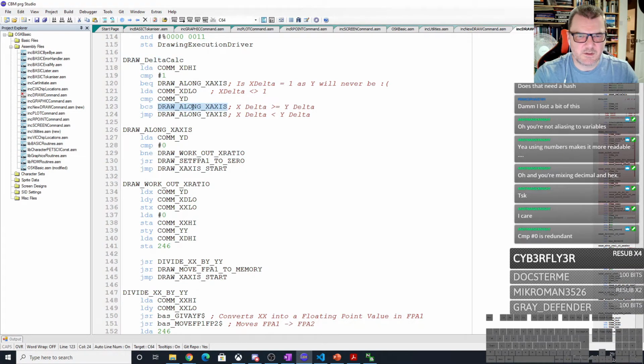Going to be drawing along the x-axis if the x delta is more than the... Right, so draw along the x-axis. So we are taking the delta. Is it 0?